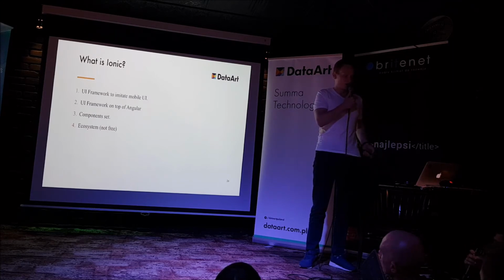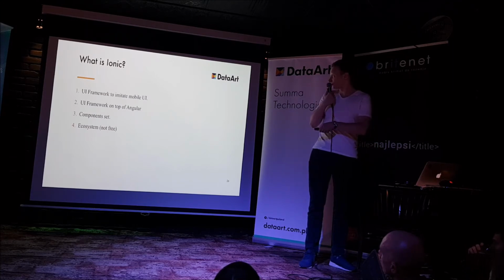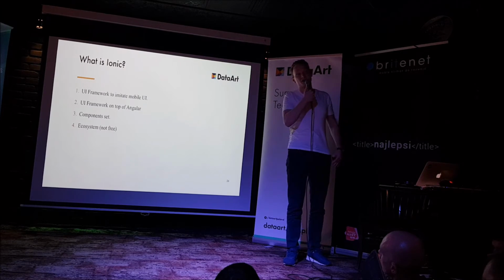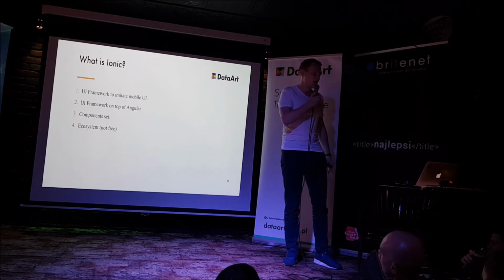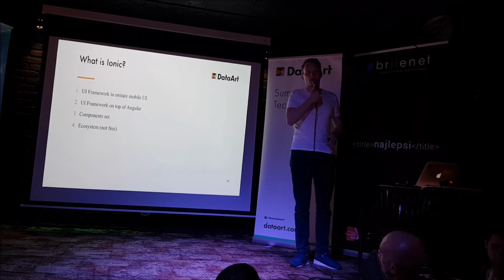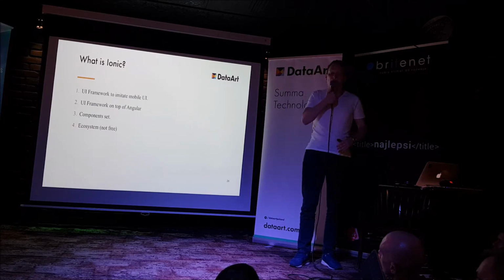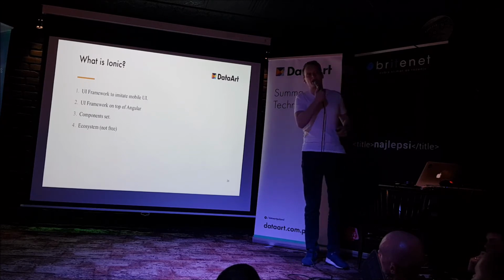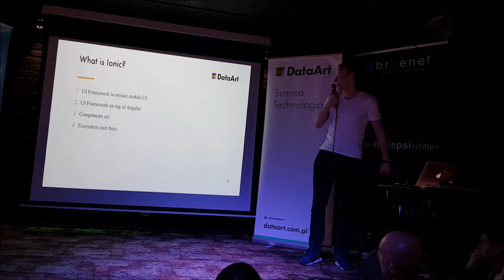We have some default components which are really useful: buttons, bars, tabs, lists, tables, many different things which are available for mobile developers as native ones, and we have imitations of them with easy and flexible APIs. And of course it's an ecosystem, and it isn't free, unfortunately.